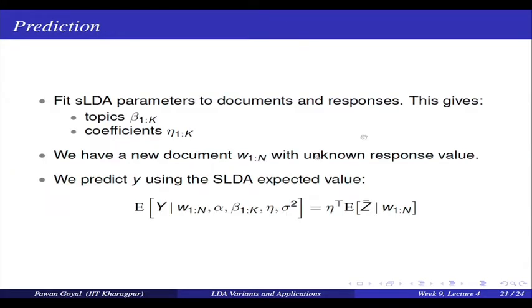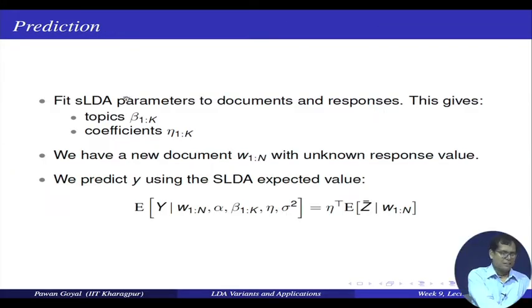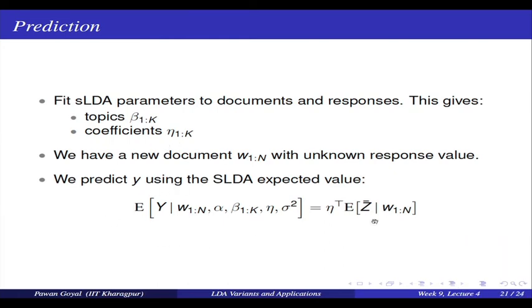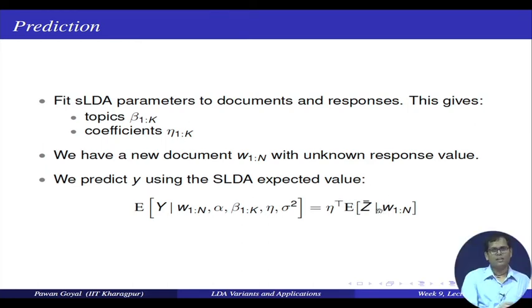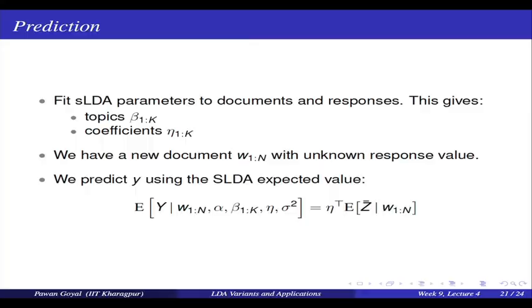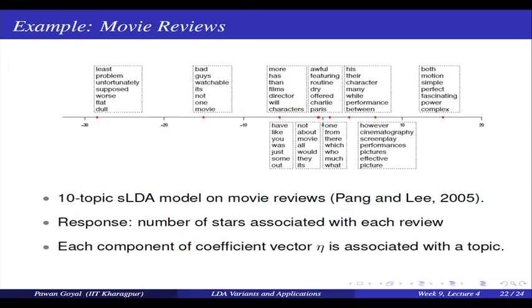So, you will fit the supervised LDA parameters to document responses, and you will get the topics and the coefficients, and using these together, given a new document, you can estimate the response, eta transpose times the expected value of z bar given the words in the document. This you can estimate from your SLDA model the same way you do from your LDA. So, what are the topic distributions for a new document, and this is what you get.